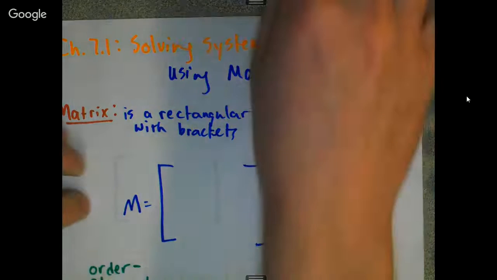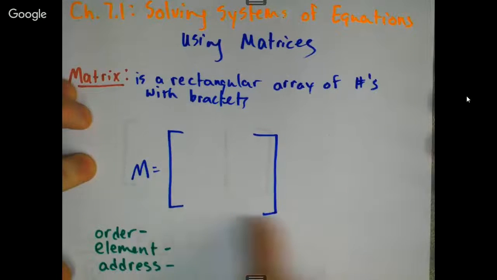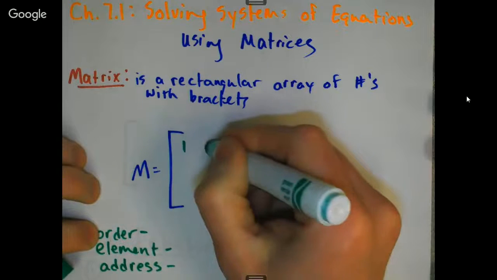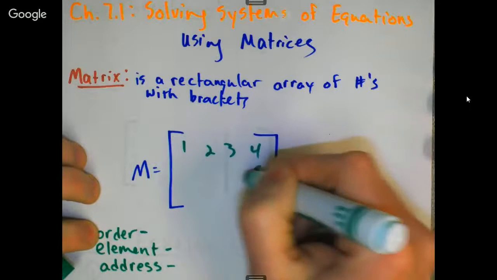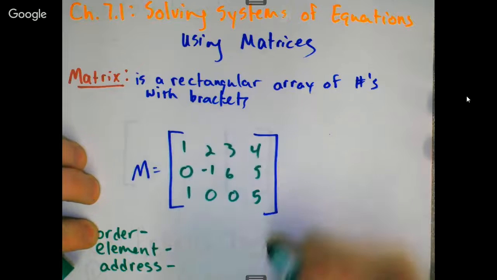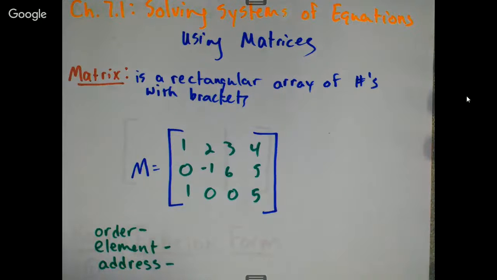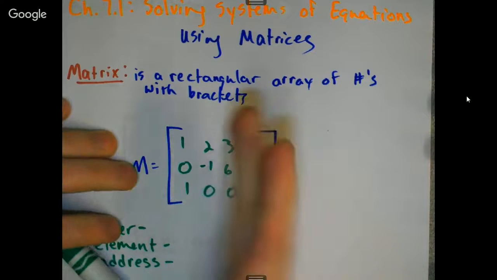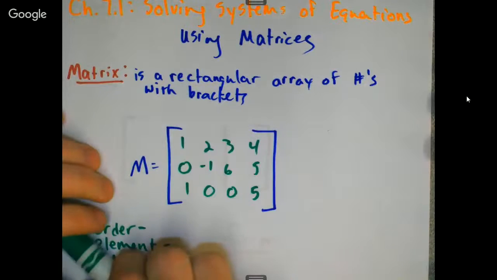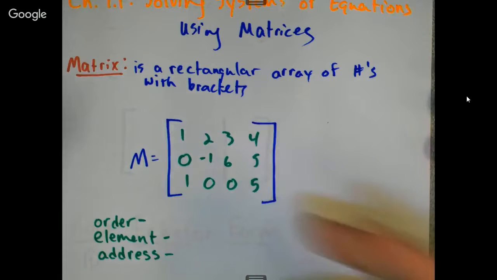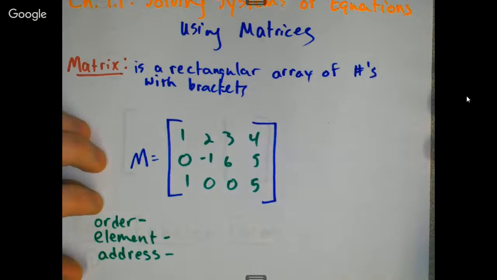So here I have some brackets, and we'll put some numbers in there. Okay, and so I've got this arrangement of numbers inside of brackets, and a matrix is used to put data in compact places.